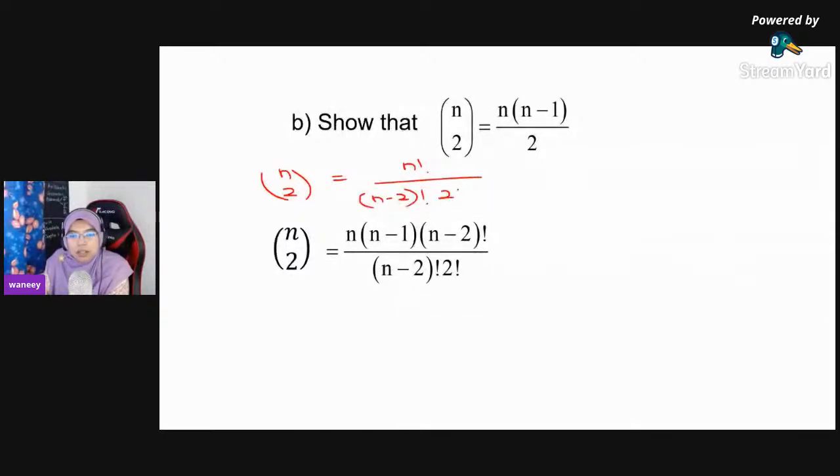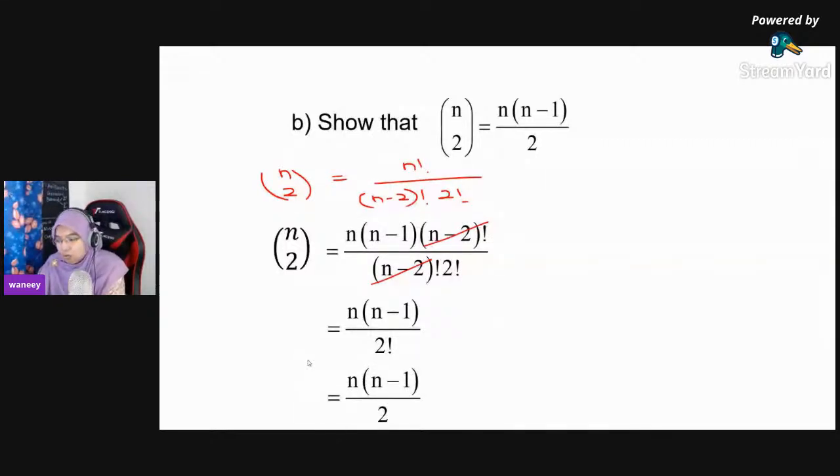The reason I change it to n minus 2 factorial is because I want to divide it with the n minus 2 factorial in the denominator. So this divides with this, and we are left with n times n minus 1 over 2 factorial, which is simply n times n minus 1 over 2.